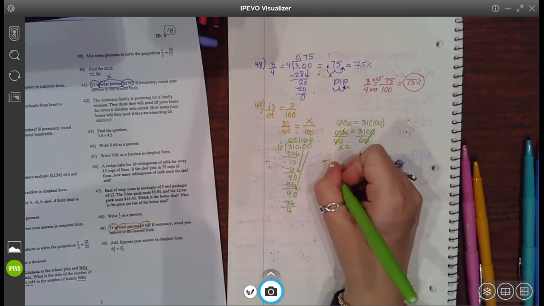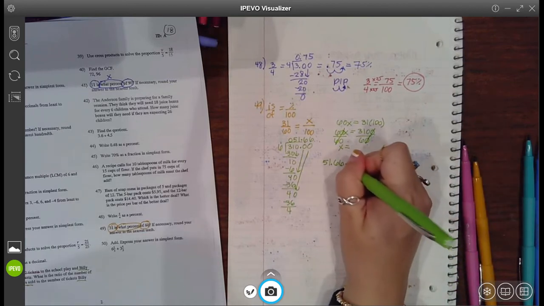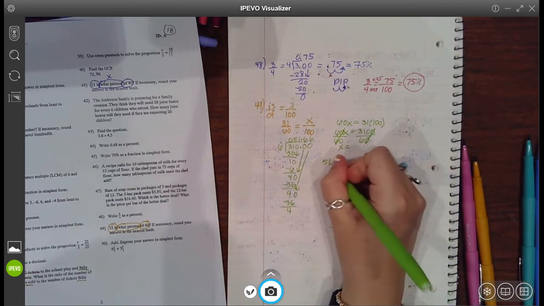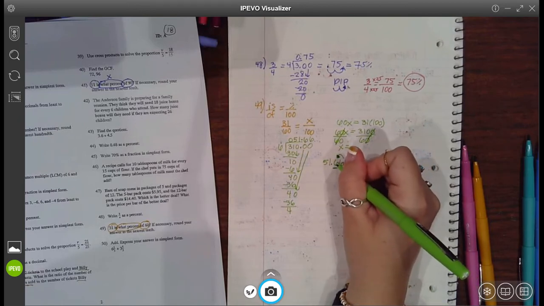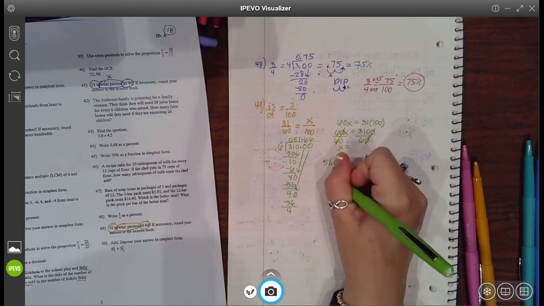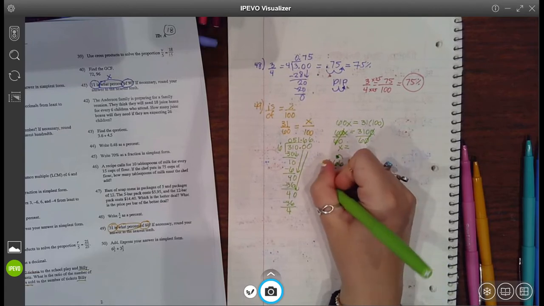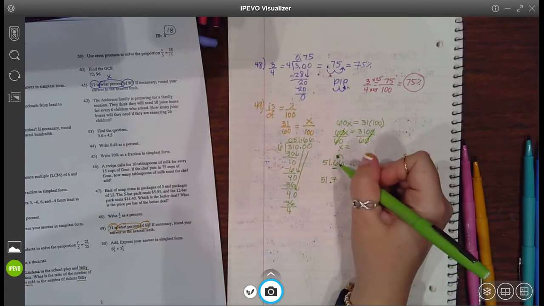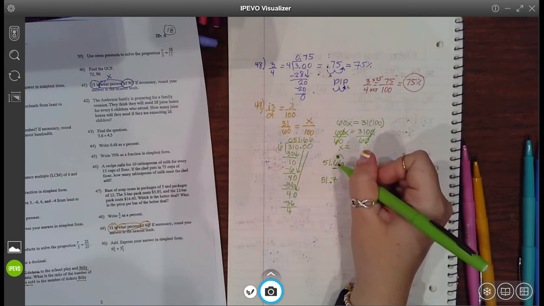It said it wanted it rounded to the 10th if it was needed, like if the number is going to keep going. So to get it to the 10th, look at the number behind it. This 6 tells this 6 to go up by 1. So instead of staying 6, now it's a 7. And then that just stays 51. If the number behind the one you're focusing on is 4 or below, that would have stayed a 6.